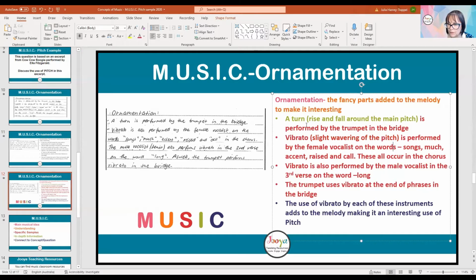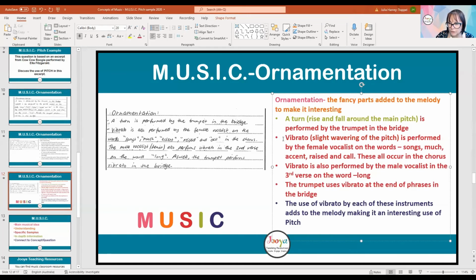And so, okay, a turn, a rise and fall around the main pitch, is performed by the trumpet in the bridge. So that is your sample and in-depth information. So in this one, it's saying when it happens, by the instrument in the bridge. So we could have actually said, in the bridge, the trumpet performs a turn, which is a rise and fall around the main pitch. Okay, I just made it backwards there. So that's the in-depth information and that is the sample.